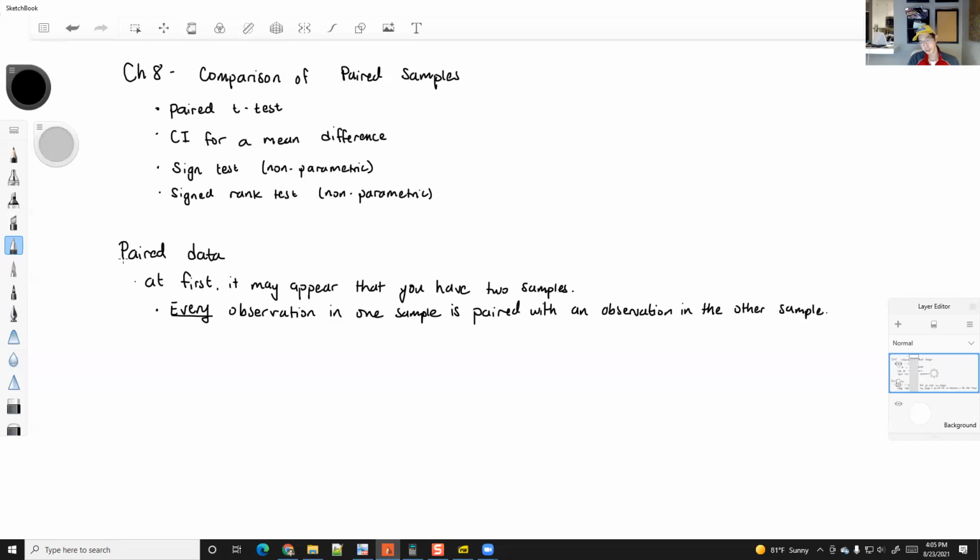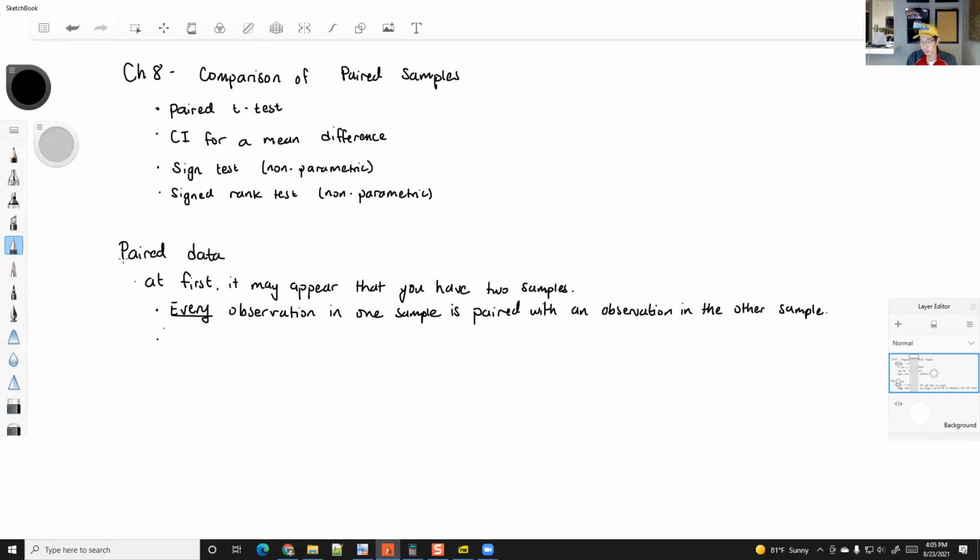Okay, and so if this is the case, then there's a few key things, right? Your two samples have to be of the exact same size, otherwise every observation won't be paired with another observation. And it actually might be better to think of it as just having one sample, but each observation has two measurements, okay?